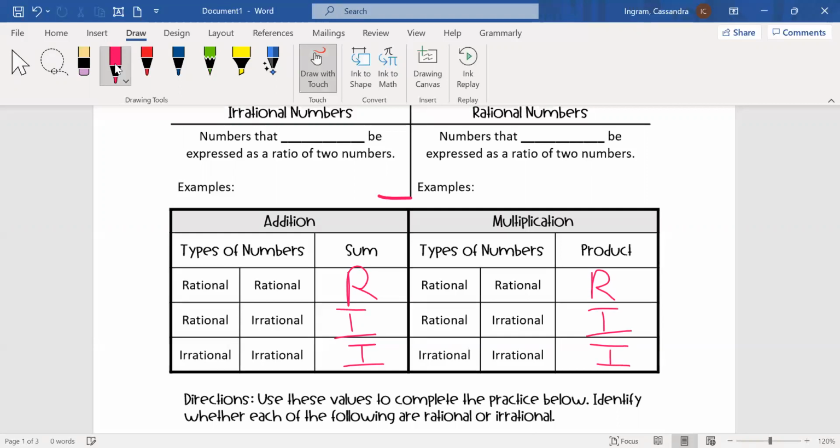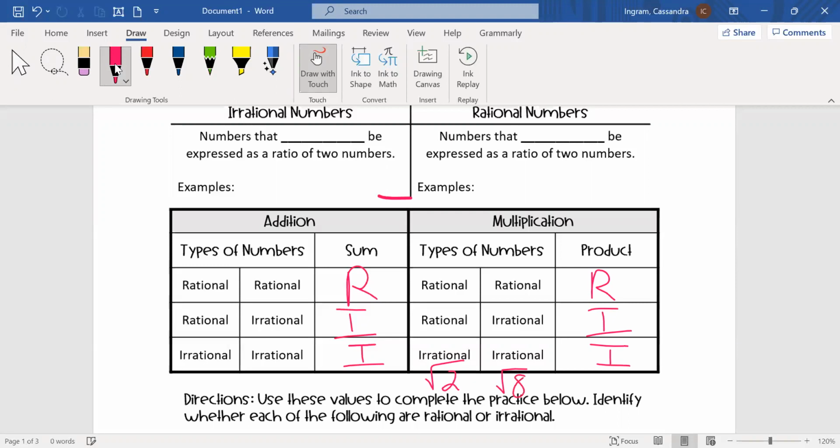The only thing that you need to check is if you're multiplying square roots. Because remember, when we multiply square roots, say we had the square root of 2 times the square root of 8.